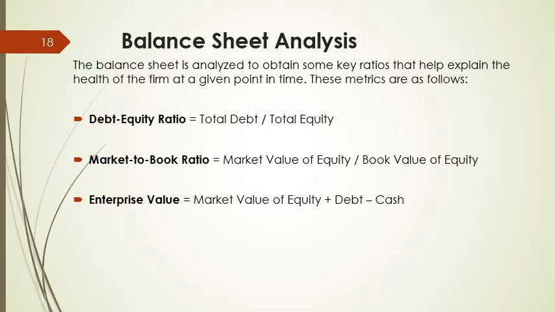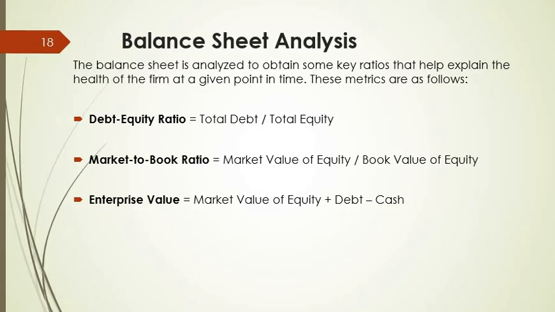Then comes the market to book ratio, which is the market value of equity over the book value of equity. The market to book ratio is used to reflect any change in the firm's characteristics. The variation in this ratio also shows any value added by the management and its growth prospects.